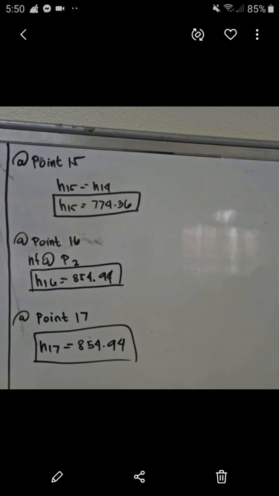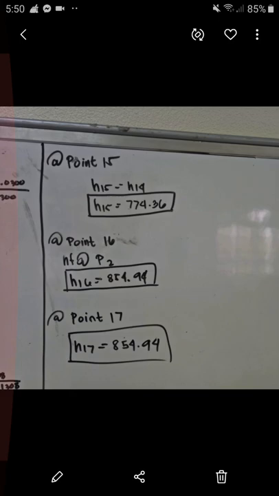So we have all the givens, all the enthalpy 1 to 17. So let's proceed to find the mass.